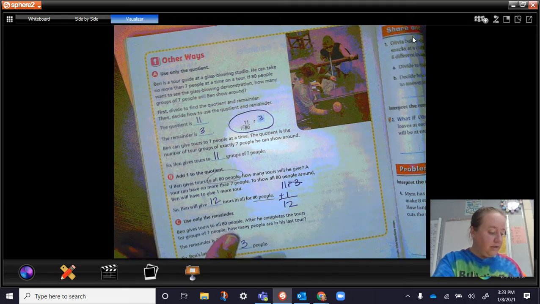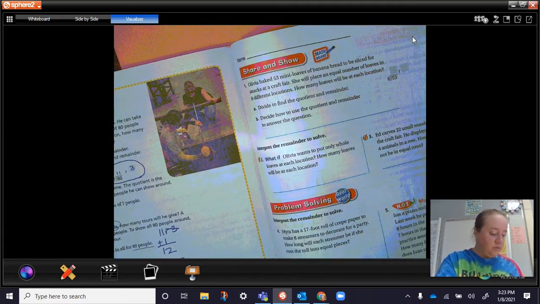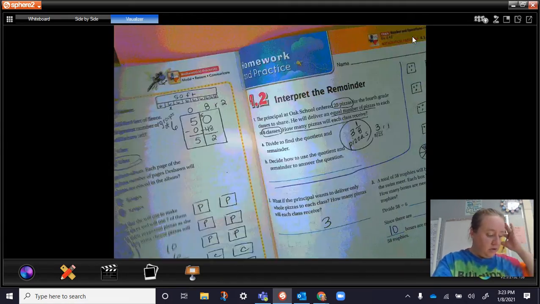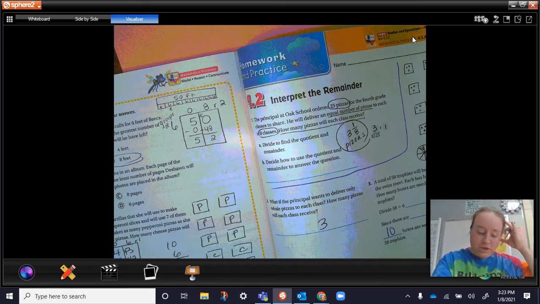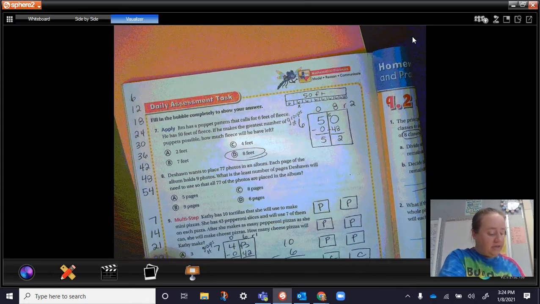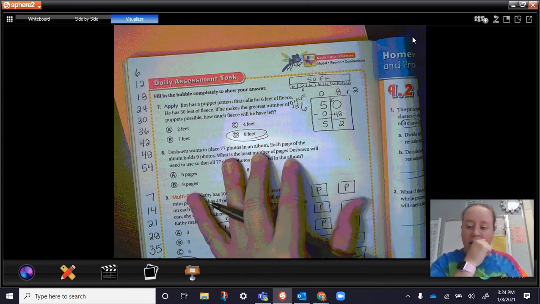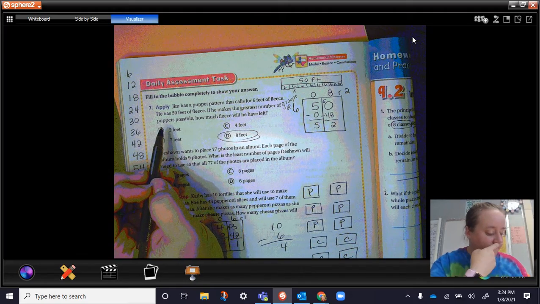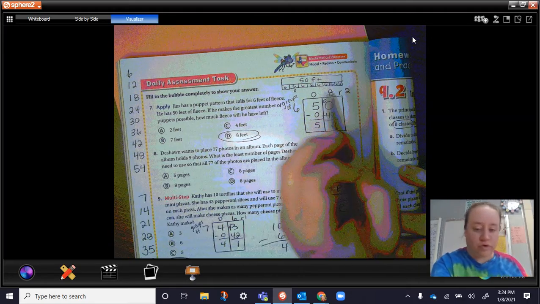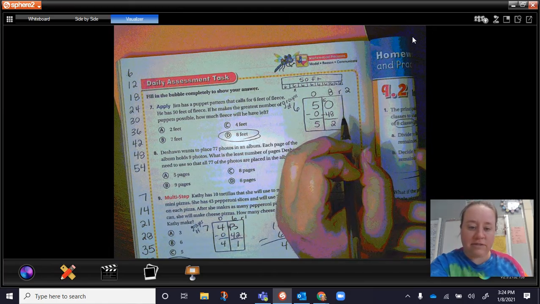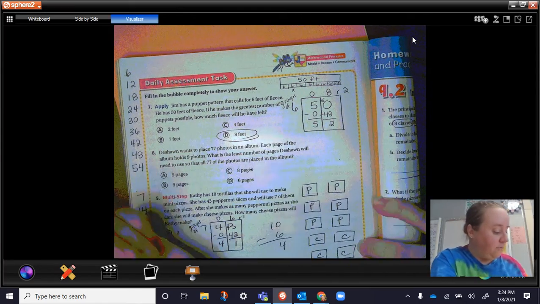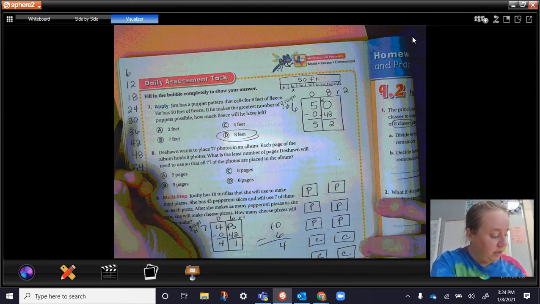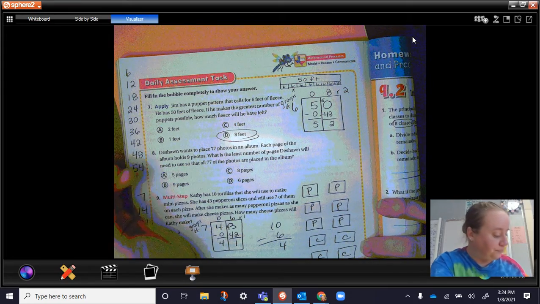When we interpret them, that means once we get our answer, we stop and go back to the question and ask ourselves, what was it that they were asking? Are they asking for how many groups you get, or is it asking for what's left over? You really have to go back to the story and connect your answer to that.